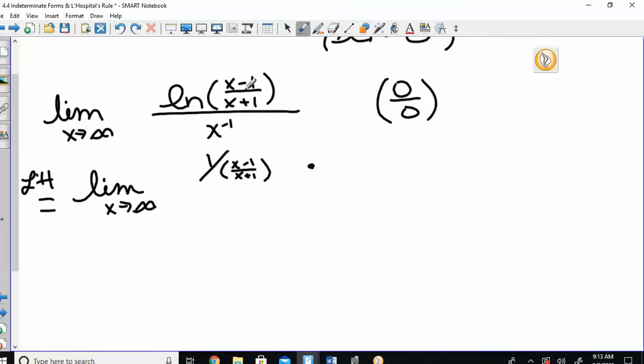And then we'd have to do times the derivative of the inside, which would be the quotient rule. So low, d high, minus high, d low, over low, squared.